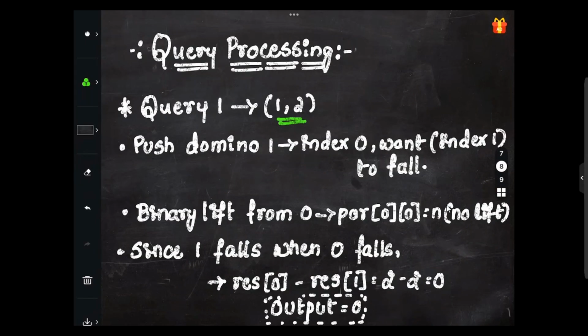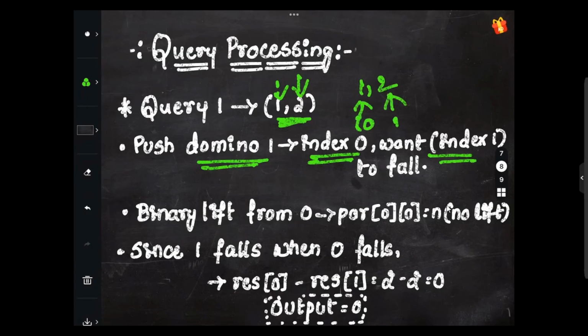So query 1 consists of the 1 2. So what we will do, we will push the domino 1. See here, we have 1 and 2, right? So we will be pushing the domino 1 at index 0, and we want index 1 to fall because we have 1 comma 2. This is at index 0, this is at index 1, right? The value 2 is present at index 1, the value 1 is present at index 0.